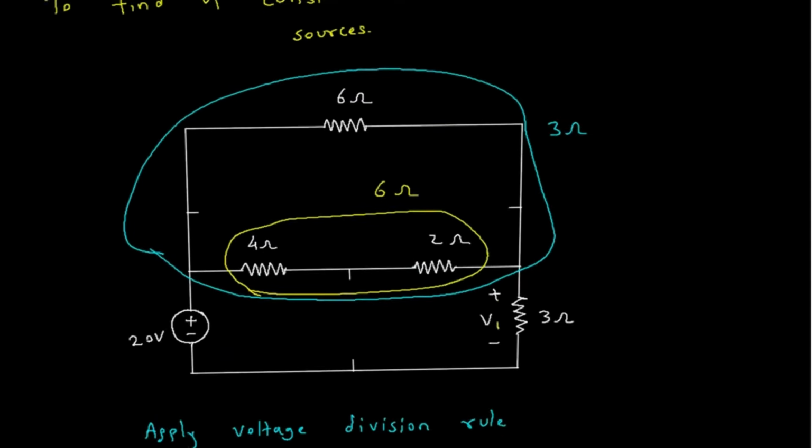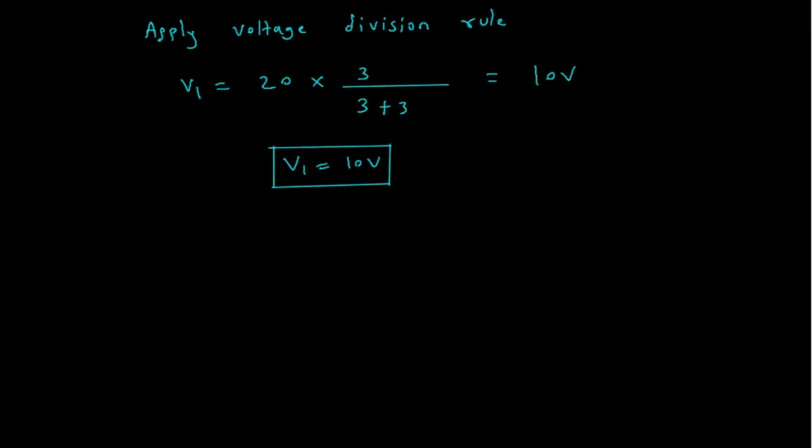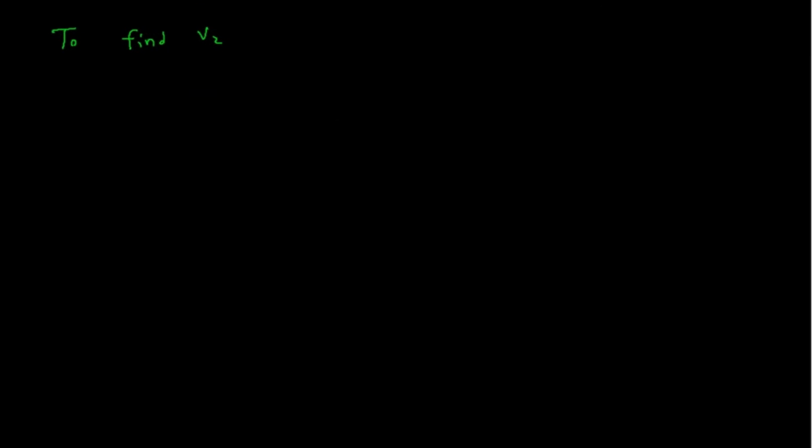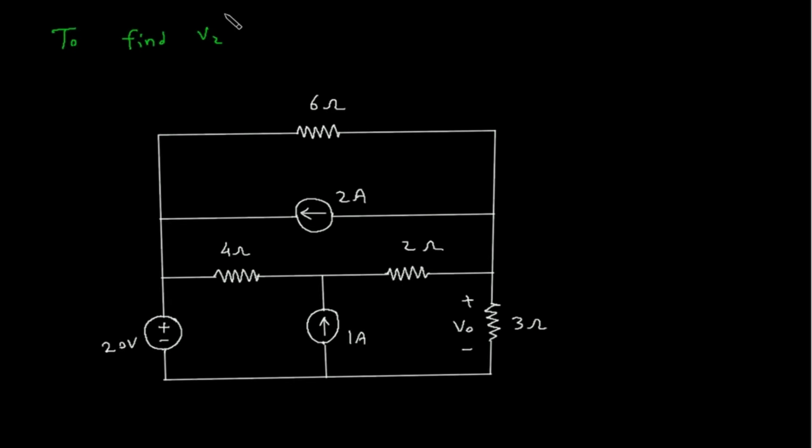Next we have to find V2. So to find V2, we will consider this 2 ampere. Consider 2 ampere current source and turn off all other sources.